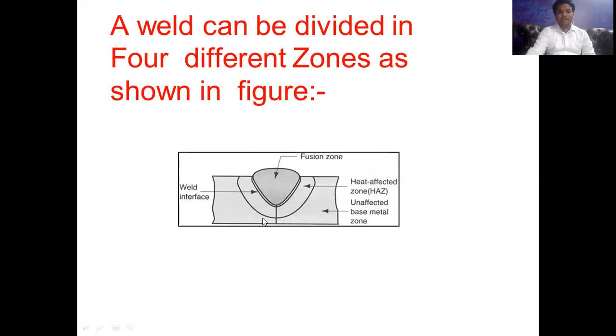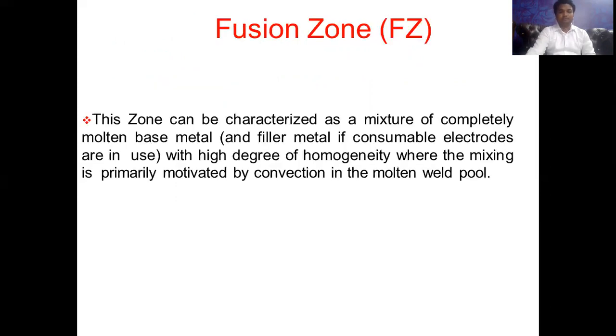This line indicated like this on the 2 sides of the weldment is called the heat affected zone. In short, we call it the HAZ. Then adjacent to the heat affected zone, we have the base metal zone or parent metal zone. These are the 4 different zones of a weld.